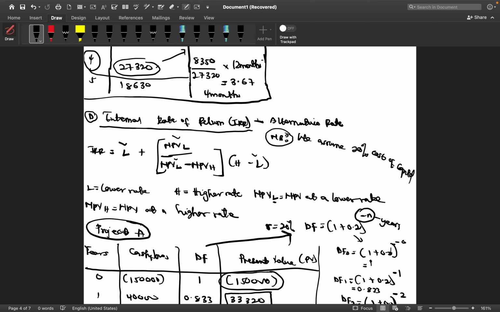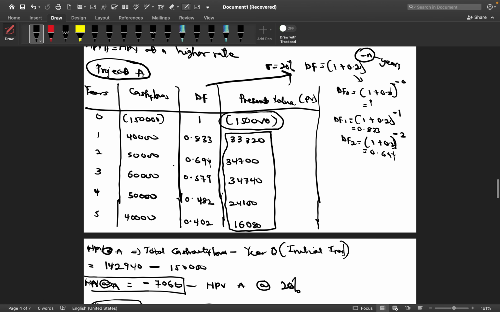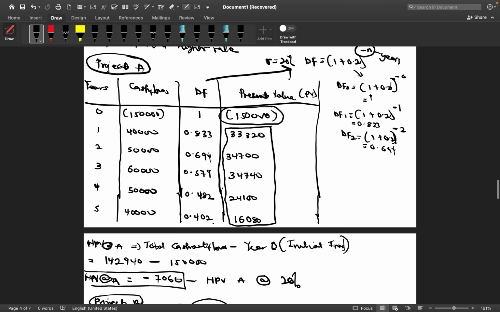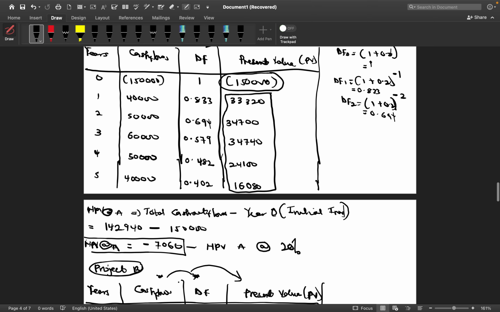You look for NPV for project A at a higher rate, which is 20%. So NPV A at 20% is this. Let me write it down.